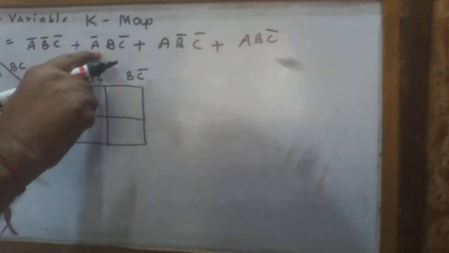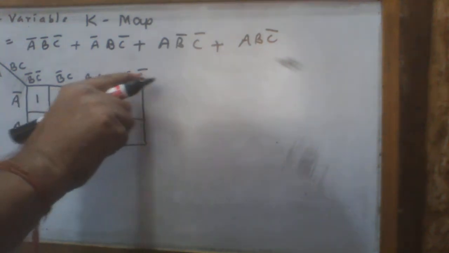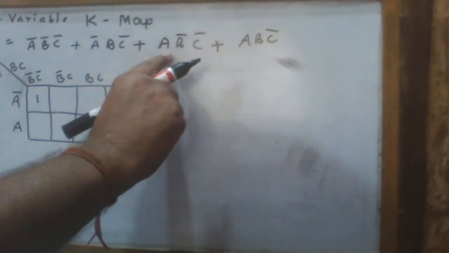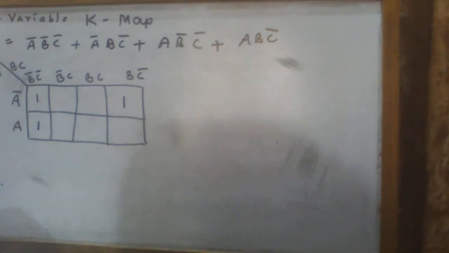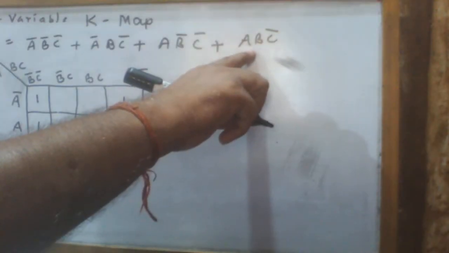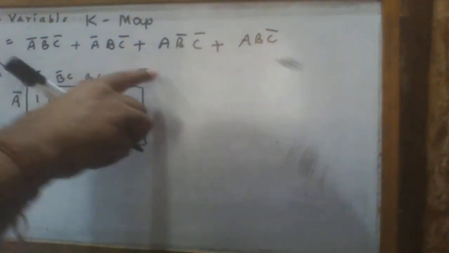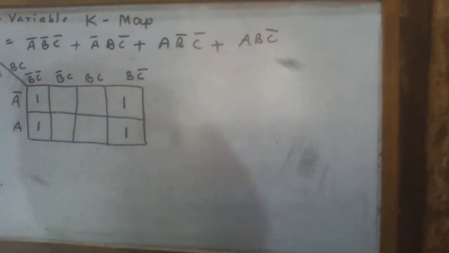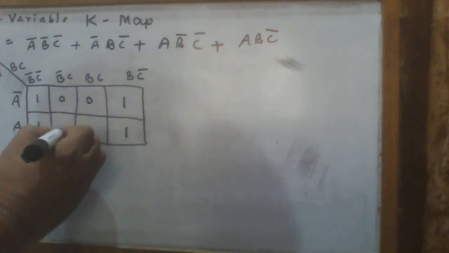The second term is A bar B C bar, so I will write 1 over here. This term is A B bar C bar, so I will write 1 over here. And here it is A B C bar. These are the 4 terms available. All other remaining cells I will fill with 0.